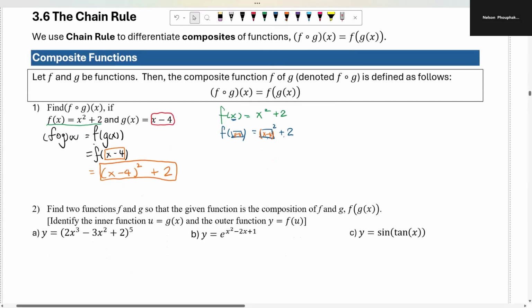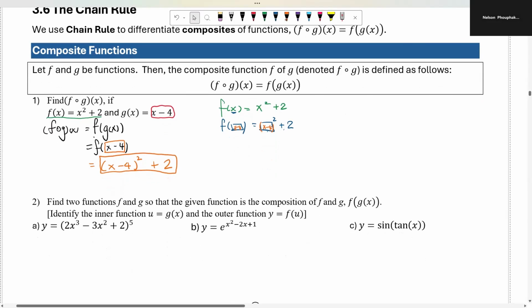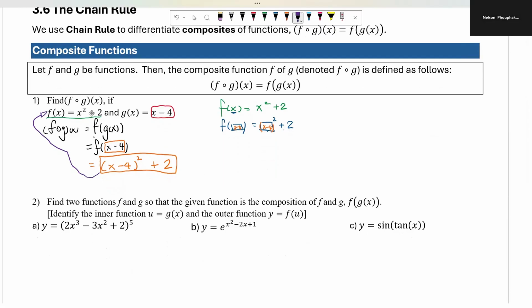Now, what I would like to do is get from the composite function back to the f function and the g function. We call this decomposition.